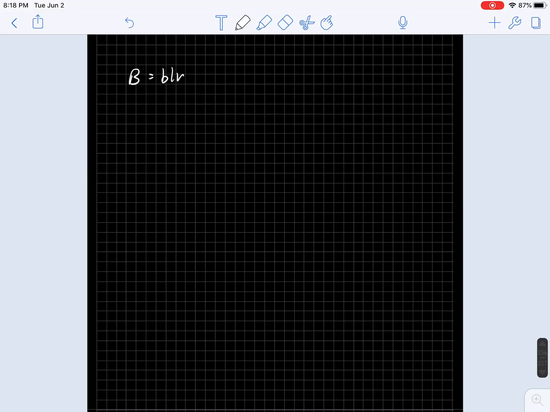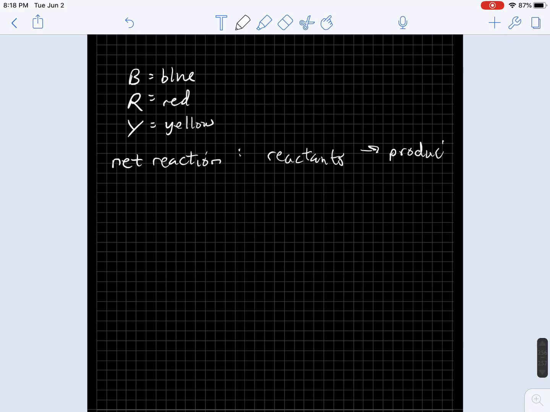Let's call the blue atoms B and red atoms R and the yellow atoms Y. And let's say our net reaction. Net reaction only has two things in it. It's got reactants and it's got products.